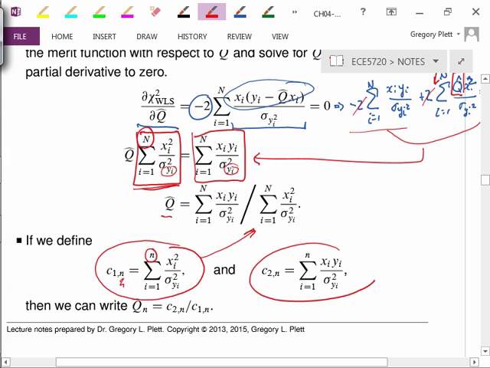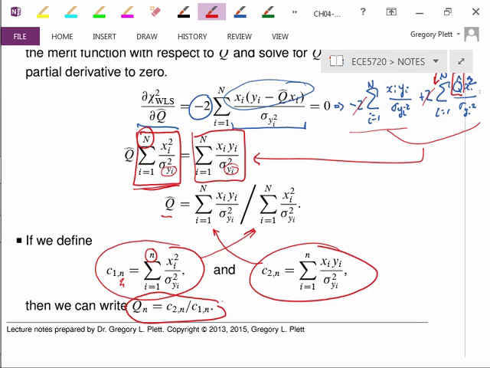And we have c2,n, which looks like that. So if I had a computation of c1,n and c2,n, then we could say Q hat n is c2,n divided by c1,n. And Q hat n is my estimate of capacity using data up to and including the time index n.